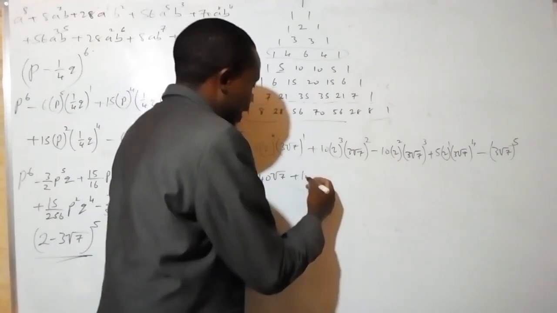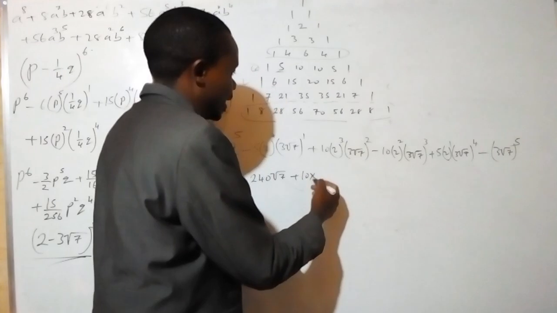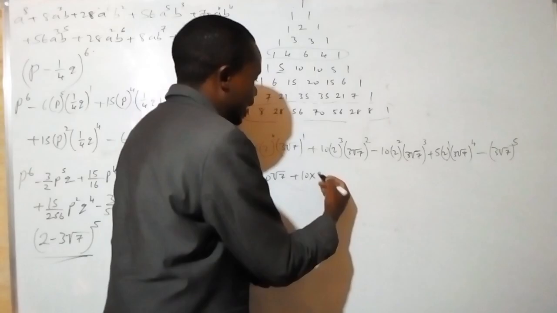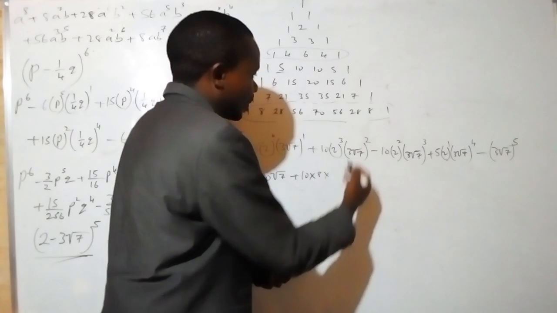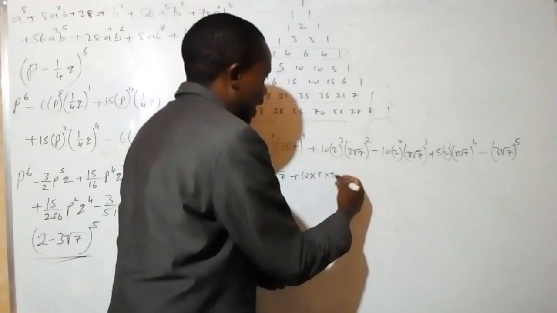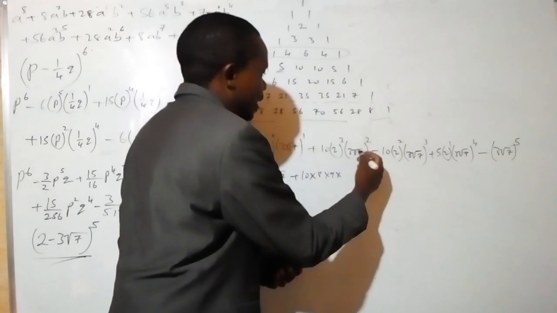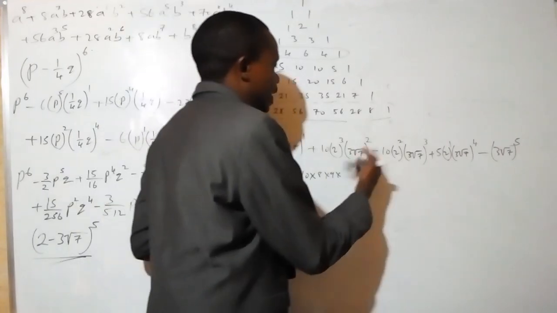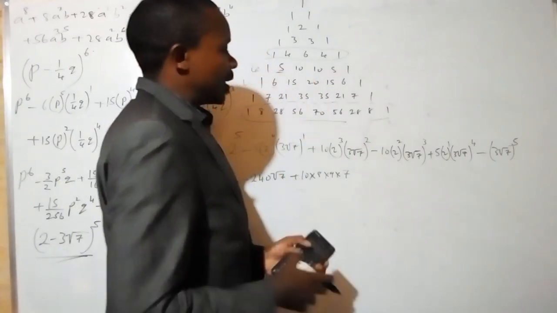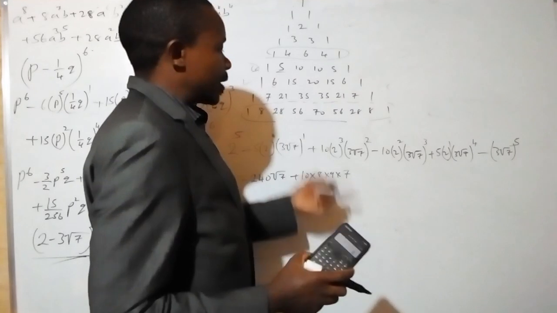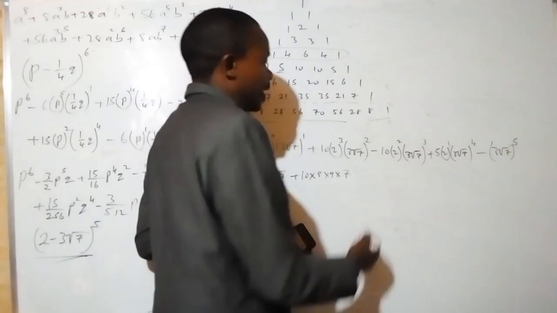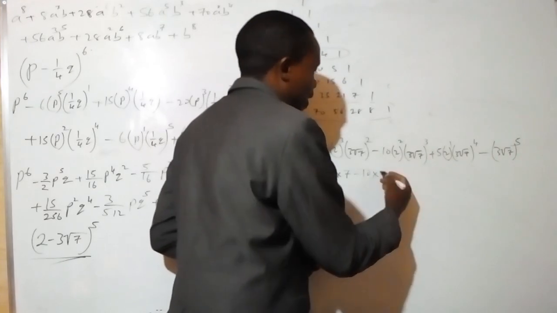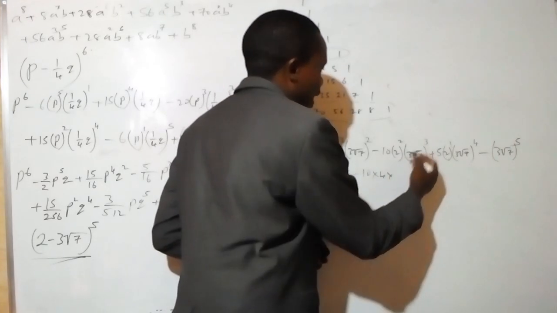First of all, let's do it like this. 10, 2 raised power 3. 2 raised power 3 is what? It's 8. Then times 3 squared is 9, times root 7 squared. Root 7 squared is what? Root 7 squared is 7. Then minus 10 times, to avoid confusion, 2 raised power 2 is 4, times 3 cubed is 27.